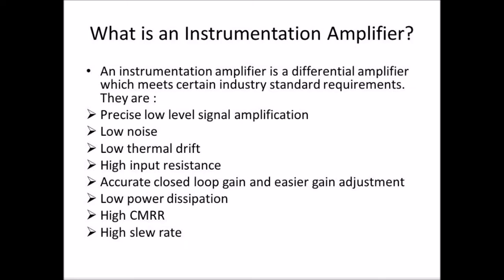Low power dissipation, and finally a high common mode rejection ratio. If there is low thermal drift, then the slew rate must be higher. The response to fluctuations and to EMI will be very low. Next.